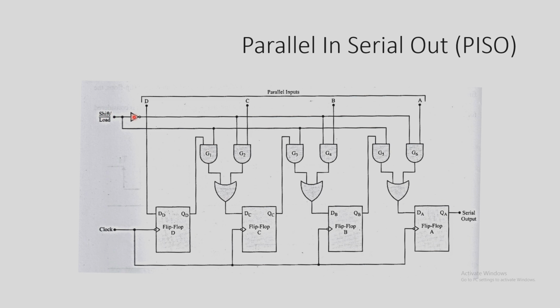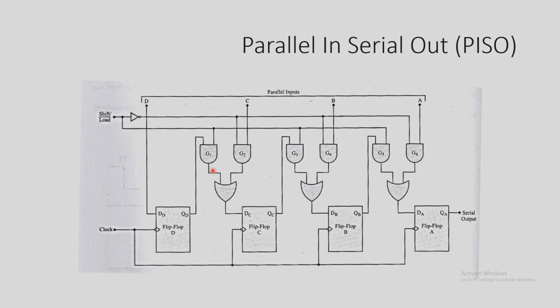So this 1 will travel to the AND gate G1, and this 1 after inversion becomes 0, and this 0 will travel to the AND gate G2. So G2 receives 0 and G1 receives a high signal. So G2 will be blocked. Output of this gate will be 0, and output of this gate will depend on the second input.